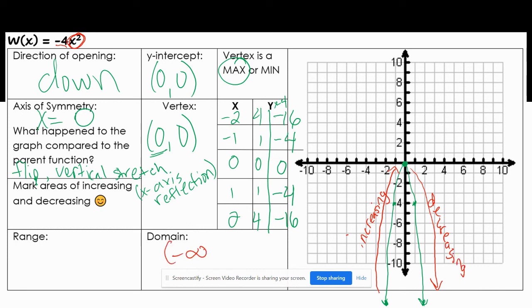Domain, even though they're going down, the arrows at the ends, we're still talking about left and right. Negative infinity to infinity because I have arrows at both ends. And then the range, we have y. It's opening down, so less than or equal to, and the y value of our vertex is 0. So the range would be y is less than or equal to 0.